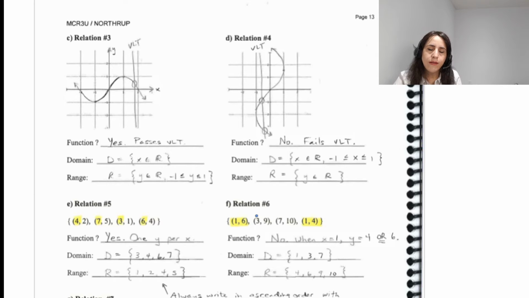How about here? Look at example 6: 1 and 6, 3 and 9, 7 and 10, and 1 and 4. As you see here, I have 1 and 6 and 1 and 4. One x value occurs with 2 different y values. It is against the definition of a function.